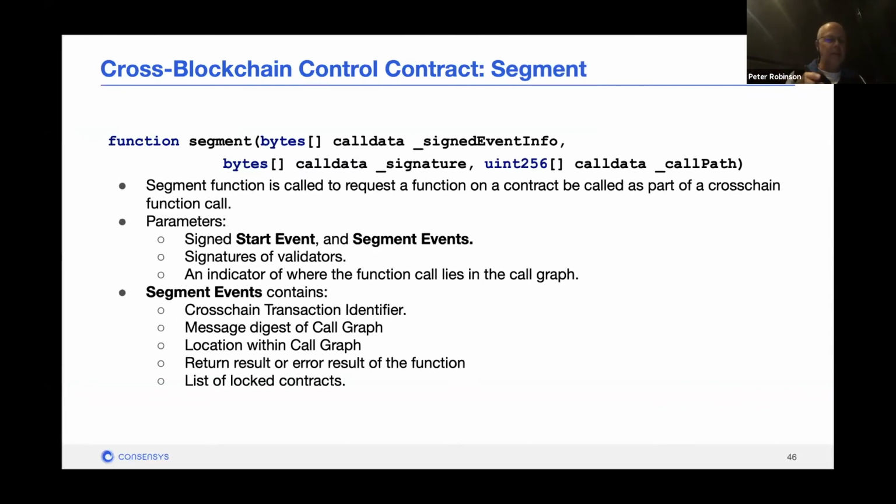The call path value tells you where you are in the overall call graph, that is, what part of the call graph is currently being executed in this segment. Then segment events are emitted, and they tell us what call graph was executed against, what part of the call graph was executed, and importantly, what the return results are and what locked contracts exist.